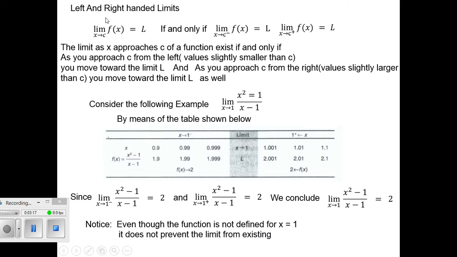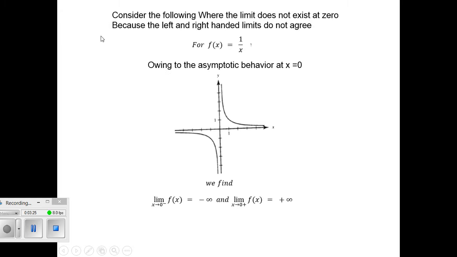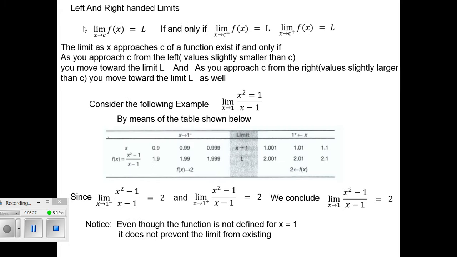I said about from the left and from the right. If we're going to make a claim that the limit as x approaches c of a function is equal to some value L, then we can only make that claim after having examined the limit after approaching that value of c from the left side, as indicated by the raised minus sign up here, meaning coming in from the left, and coming in from the right, values slightly larger.